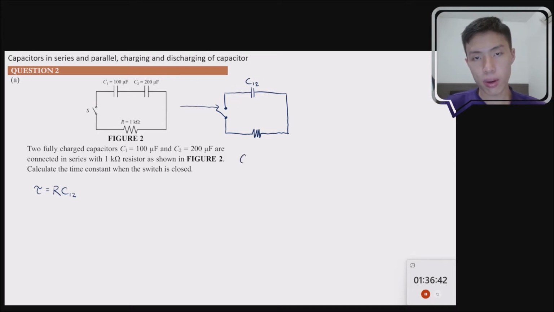In series, to combine them, you need to do the inverse of C1 and C2. The inverse of C1 add up with the inverse of C2. This process here will allow us to determine C12.